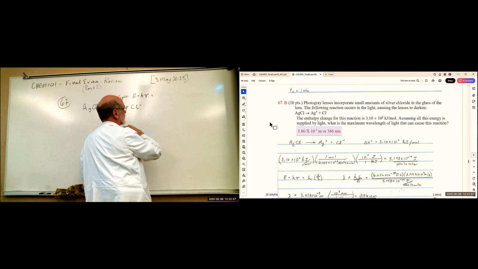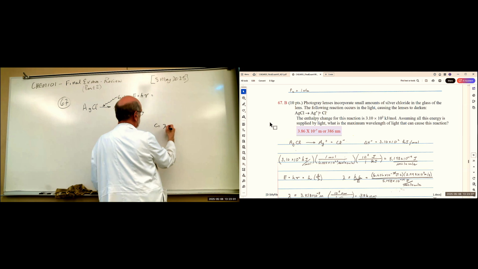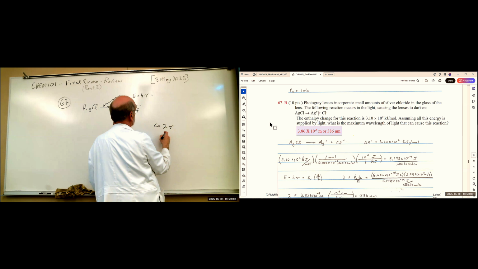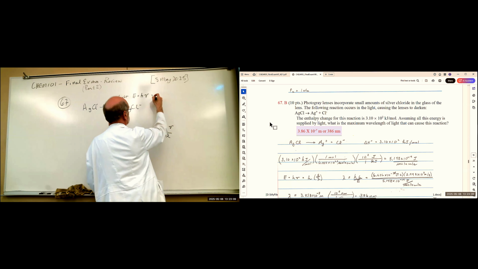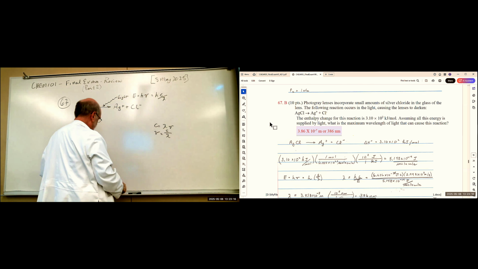Or what else can we do? C equals lambda times frequency. So frequency equals C divided by lambda. So this could be hc divided by lambda.